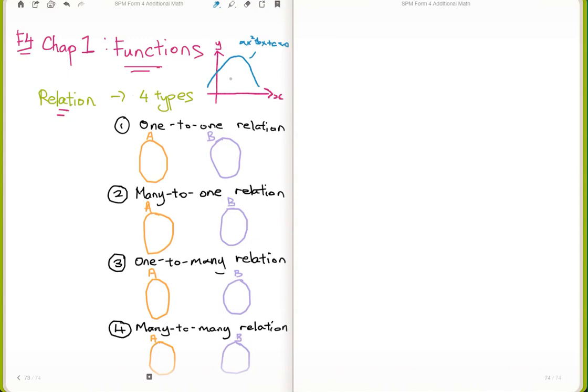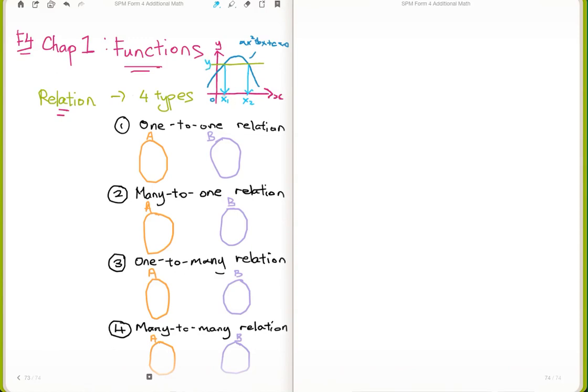Now, for any value of y, you are going to have two values of x. They correspond to two values, x1 and x2, to get the same value of y.